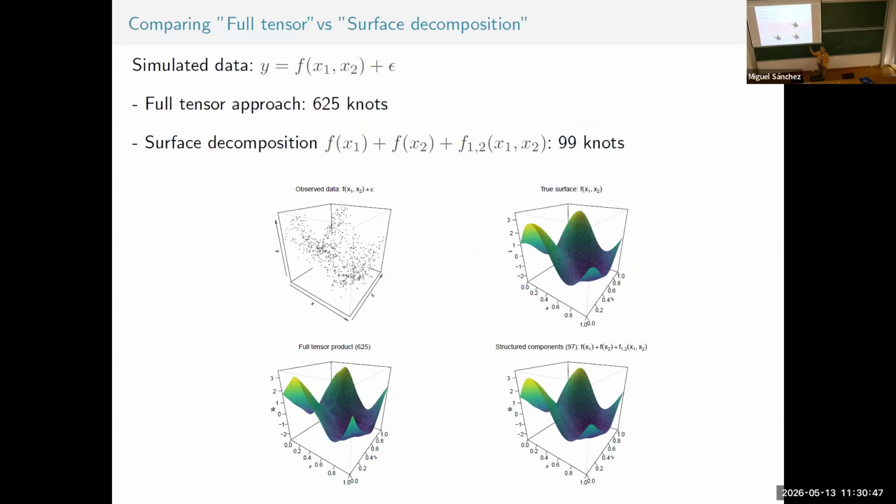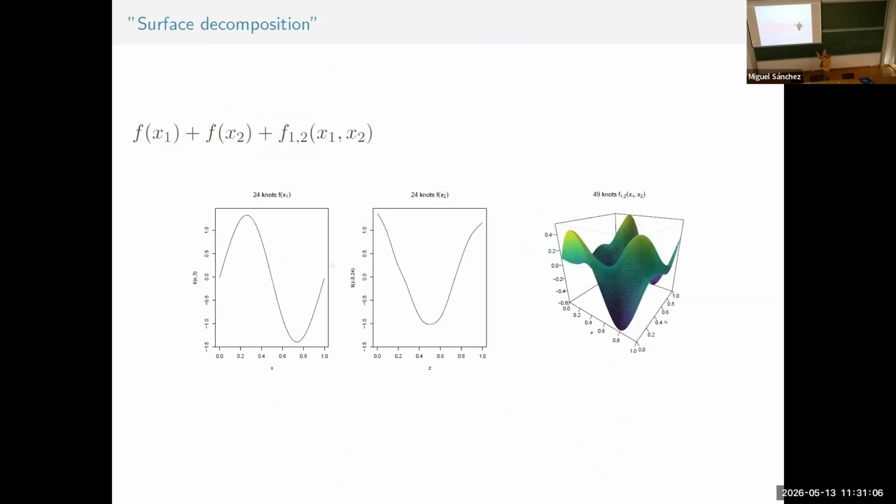And I estimated this true surface in two different ways. Using a full tensor with 625 knots, 25 per dimension, or as the sum of three components. In total, only 97 coefficients. And my full surface is the sum of these three things.